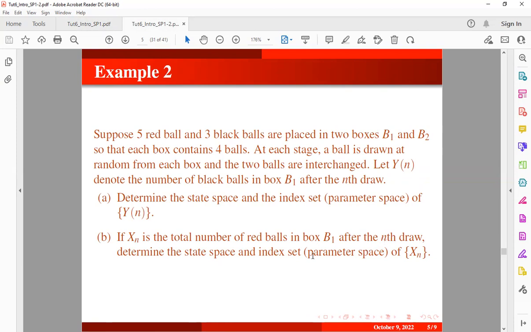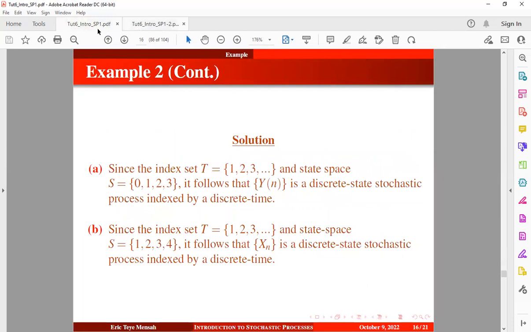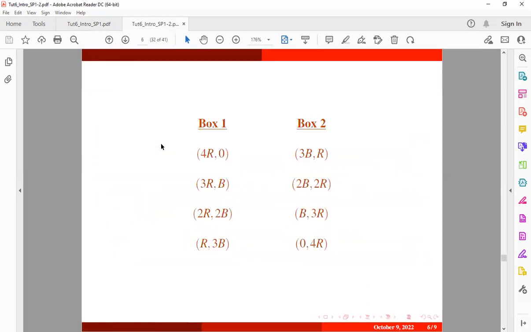So how do we obtain the state space? Using a similar approach, we have these possible cases. We can observe 4 red balls after the nth draw in box 1. We can also observe 3 red balls, 2 red balls, and 1 red ball.